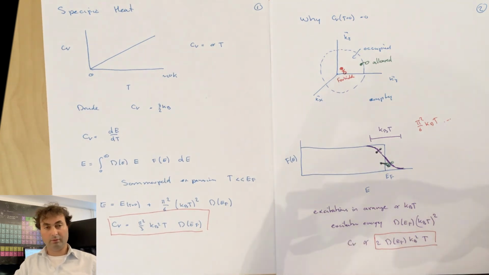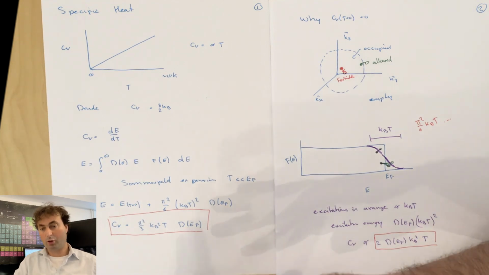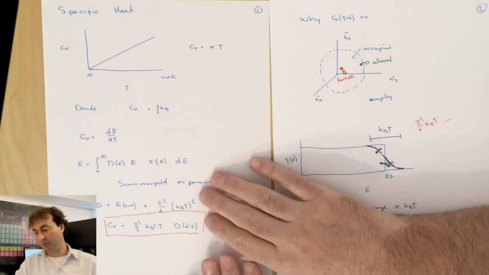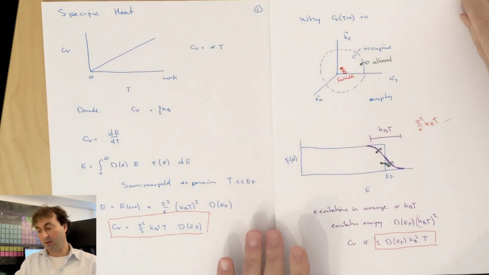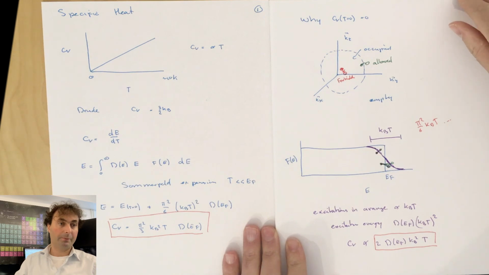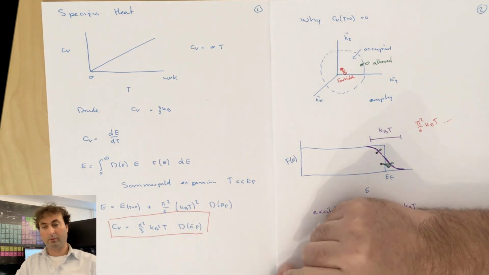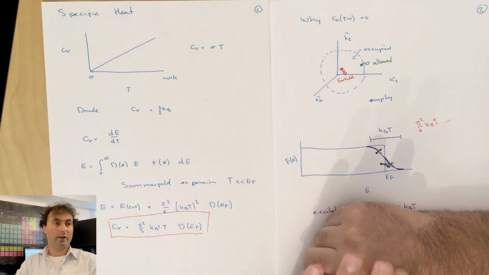This is a very powerful experimental finding that shows you that you need something along the lines of Fermi-Dirac statistics or the Pauli principle, and therefore you need something in the form of quantum mechanics, where each state can only be occupied by one particle.